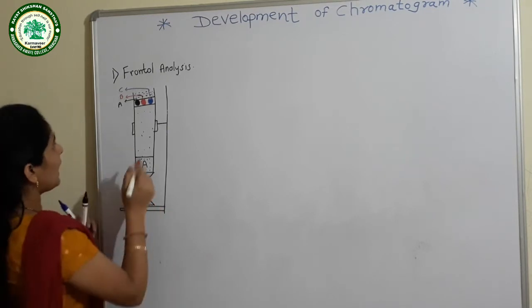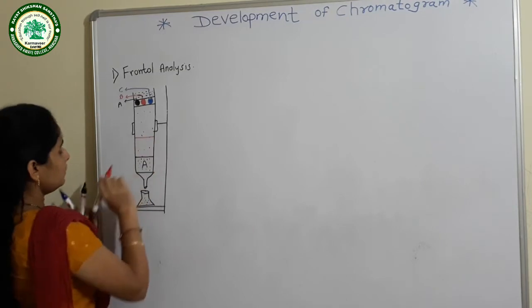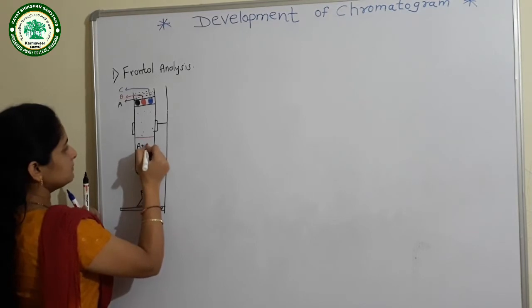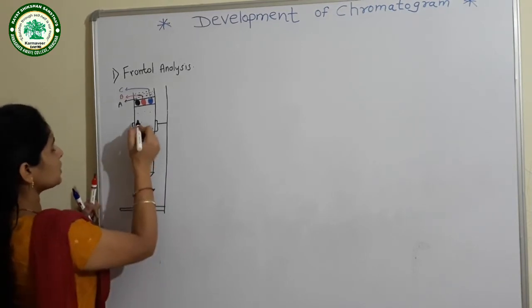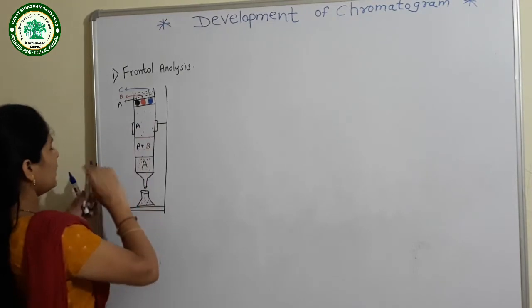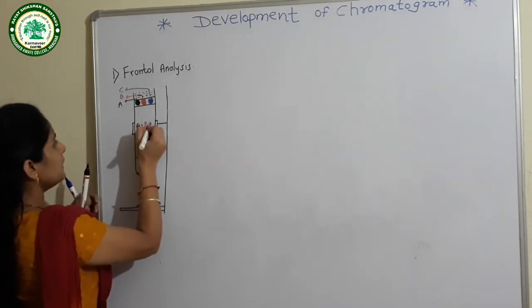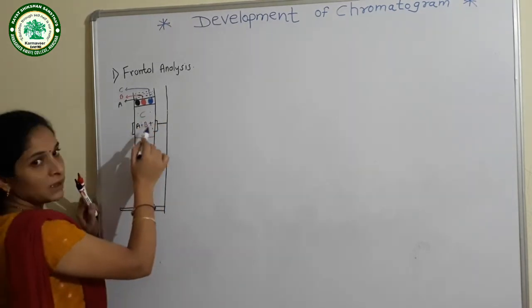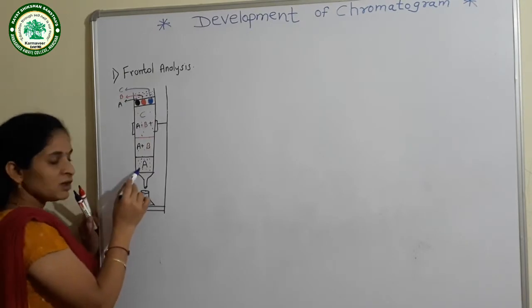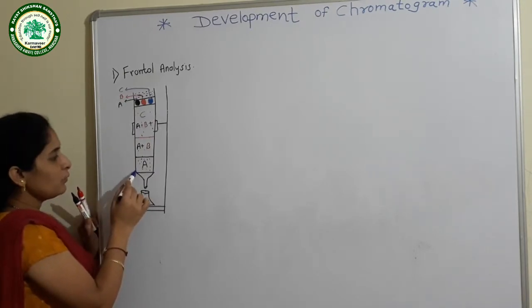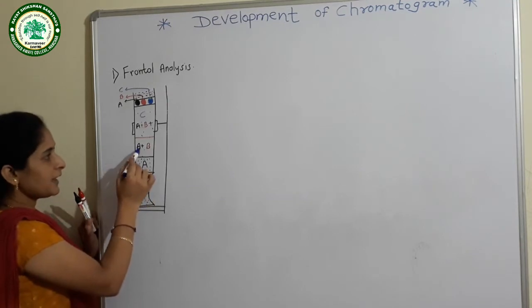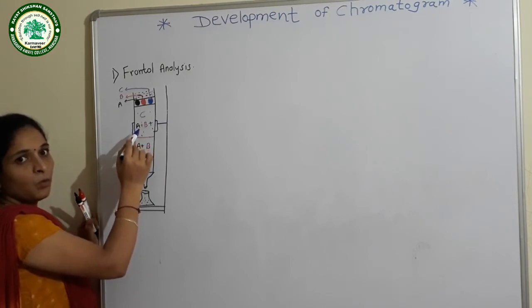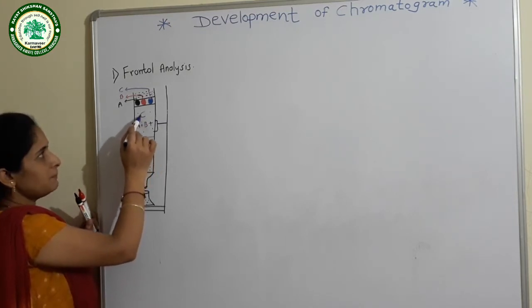After that we get a mixture of A plus B, and in the third fraction we will get a mixture of A plus B plus C, which means in the third fraction all the components are present. In the first fraction we get purified component A. In the second fraction we get a mixture of A and B, and in the third fraction we get a mixture of A plus B plus C.